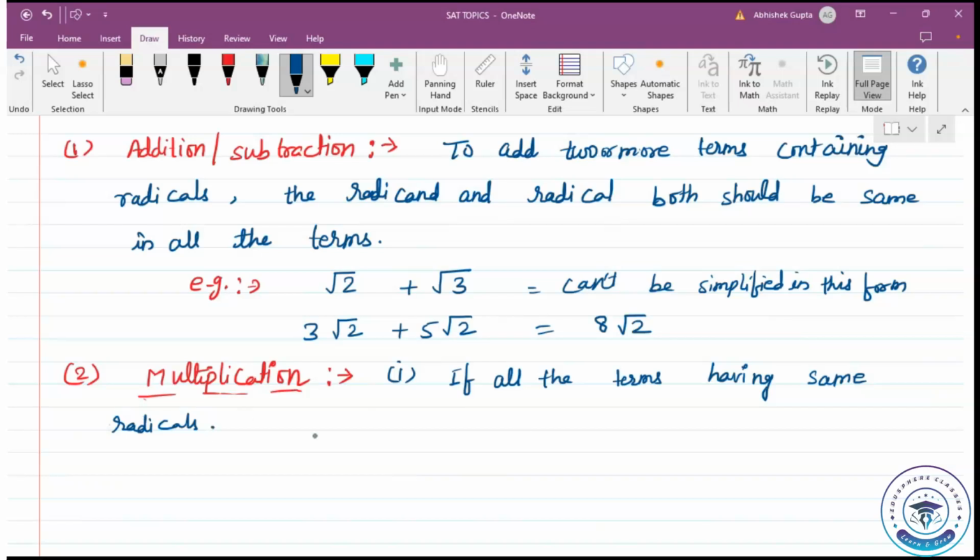In this case, we will simply multiply the radicands, keeping the radical as it is.